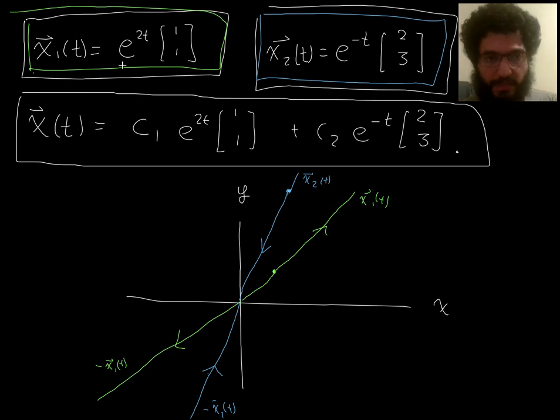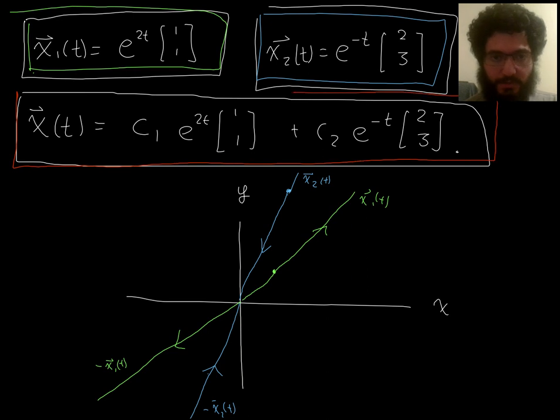Okay, so far we've looked at only the special cases, right? These two special cases, or four special cases if you include the negative versions. But what about the general case? So let's use the color red for that. What about if my initial condition is not on these lines, if it starts here somewhere or here somewhere, then what happens?